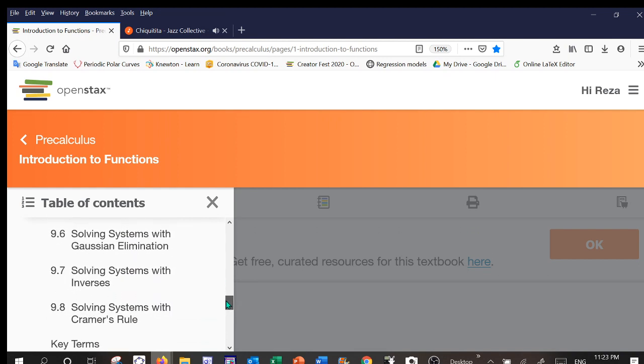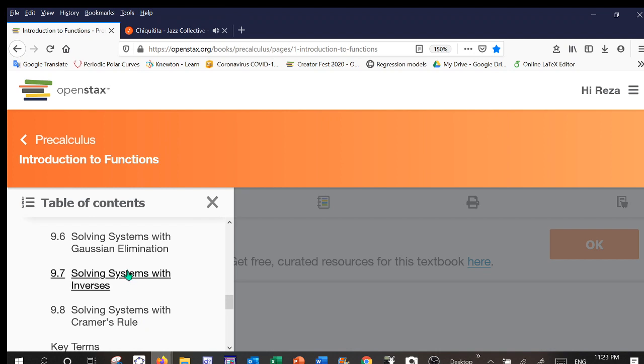Now, last time I went over these three different ways of solving systems of linear equations: using matrices with Gaussian elimination, using matrix inverses, and Cramer's rule.